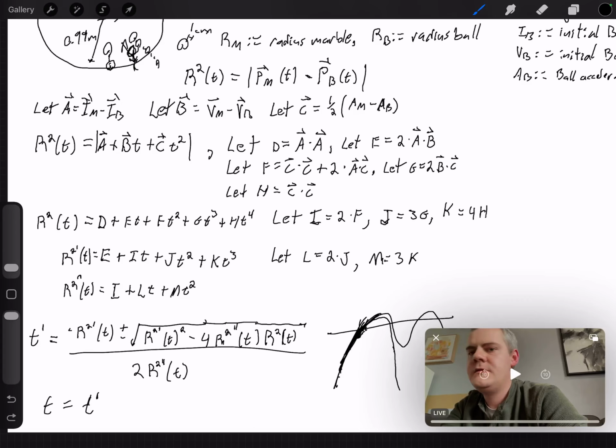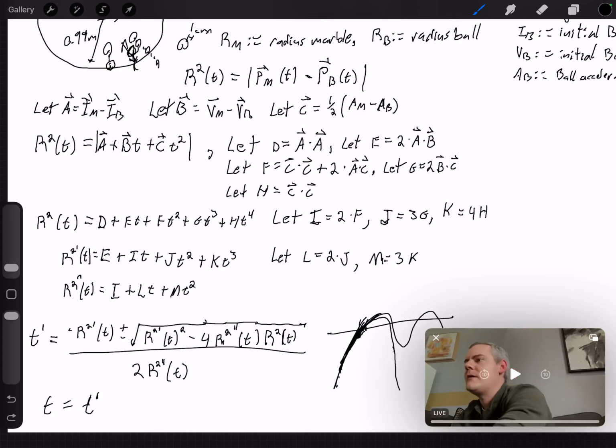A is relative acceleration dot relative acceleration. Okay, we're on to something here. A needs to be relative position, and by A I mean I'm again transposing here. A, I think I'll make my code match these notes, and then I won't keep making mistakes.